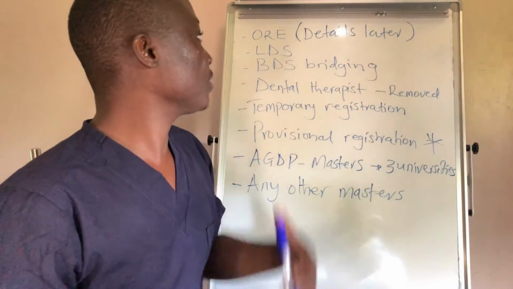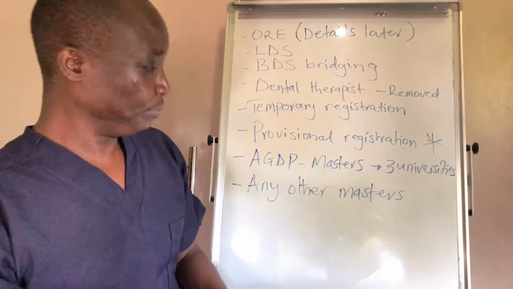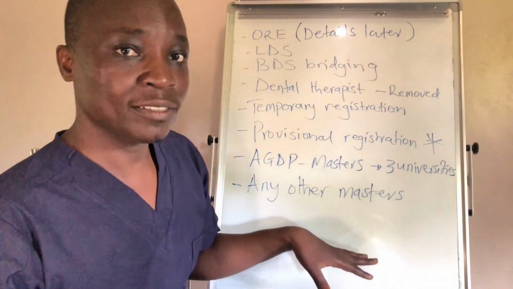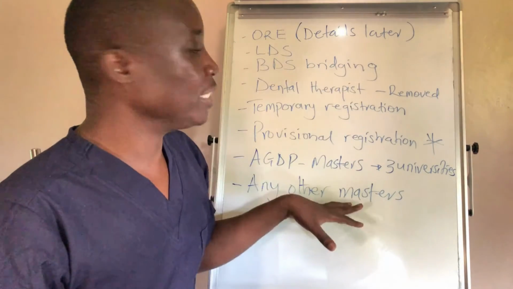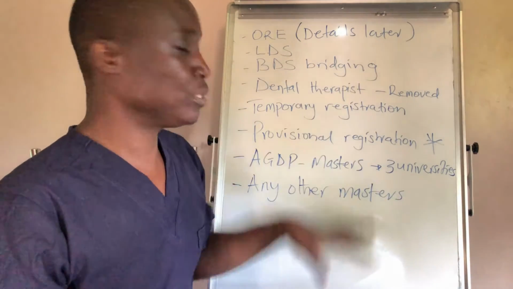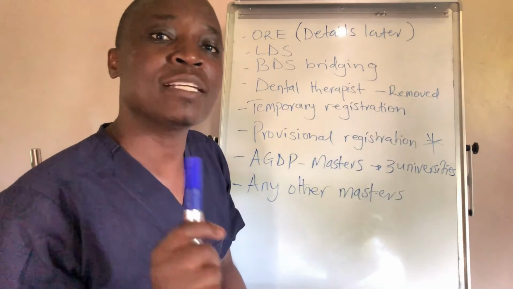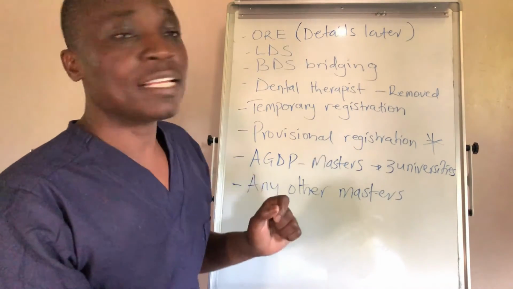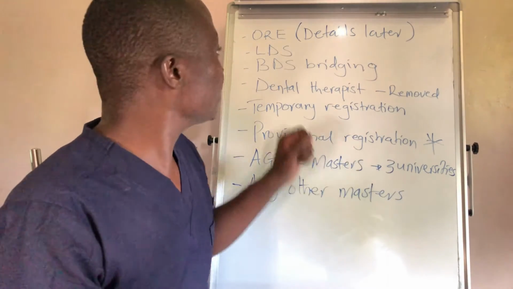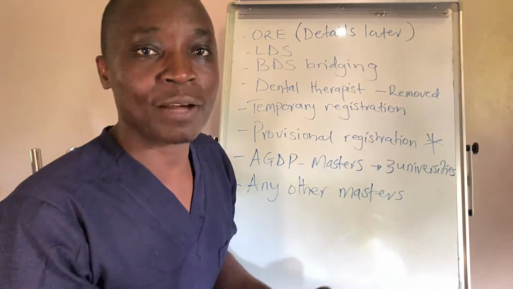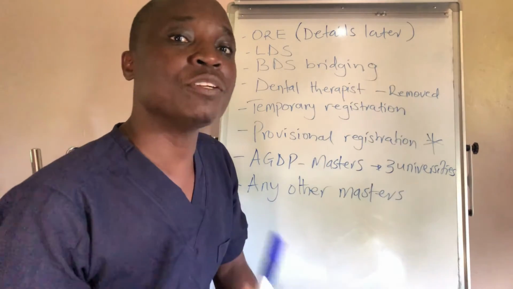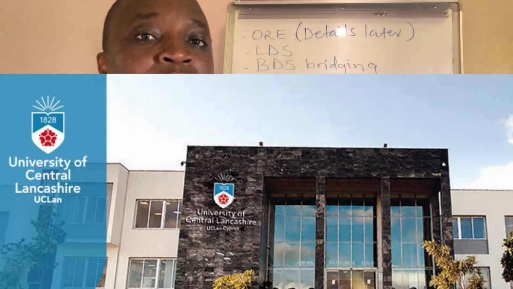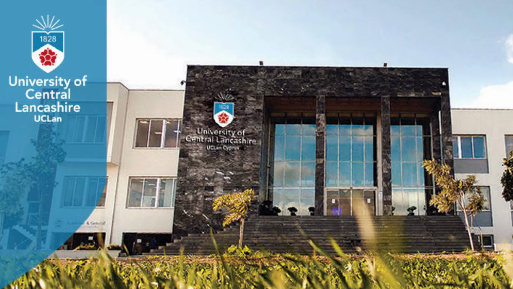Then we also have other less popular but equally useful routes of becoming a practicing dentist in this country. One such route that is not known to many people is a BDS bridging program. Currently, there is only one university in the UK that does this, and that is called UCLan, University of Central Lancashire.